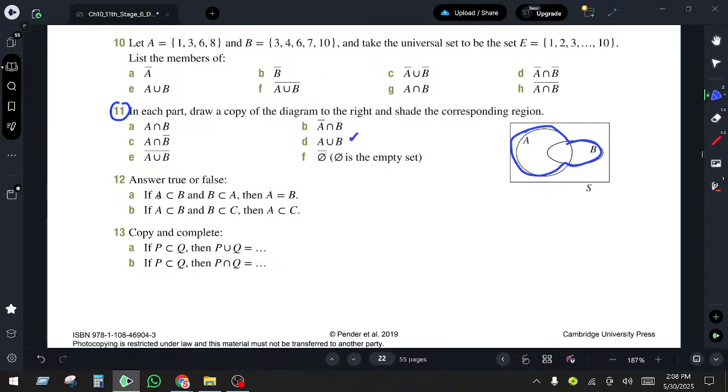So A union B complement is the rest portion. Okay. Yeah.